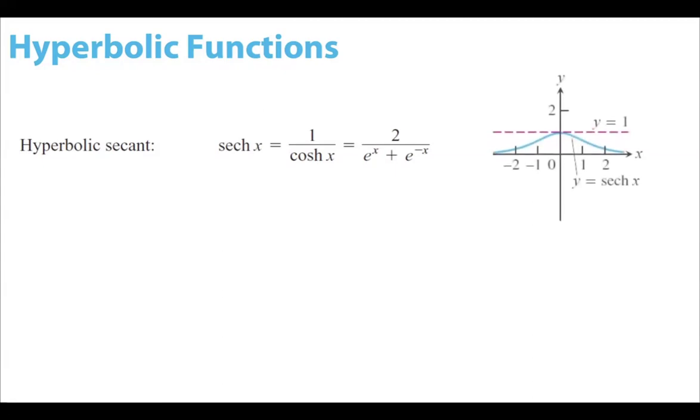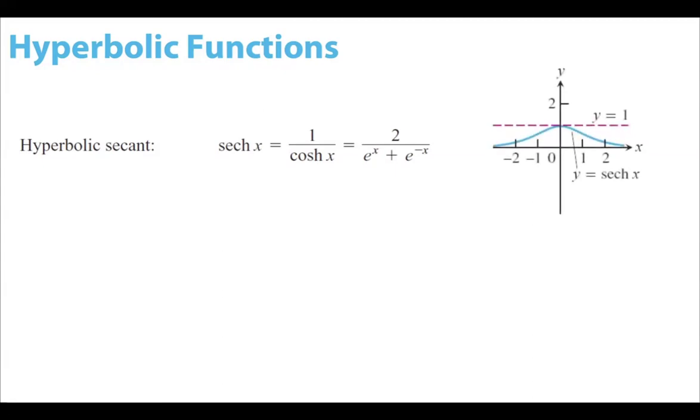With the same argument, you can define hyperbolic cosecant. Hyperbolic cosecant is 1 divided by hyperbolic sine, which can be written as e to the x minus e to the power minus x divided by 2. We can flip 2 and write it on the numerator.